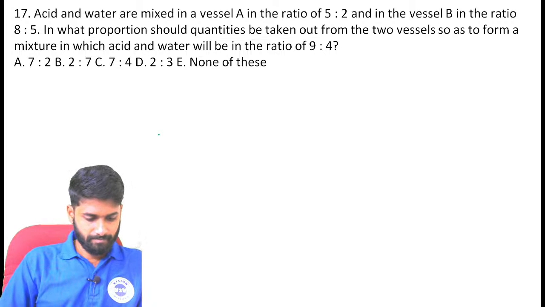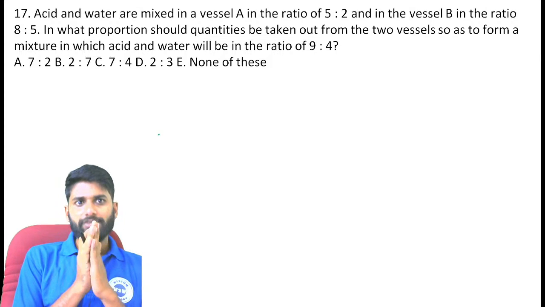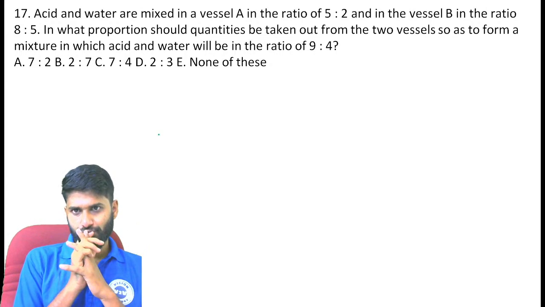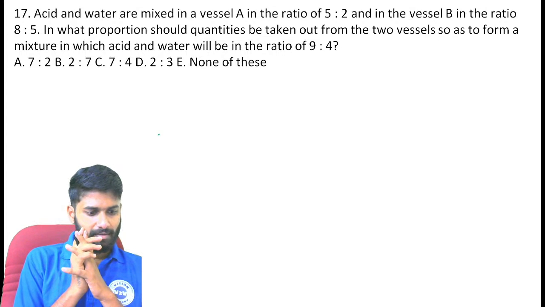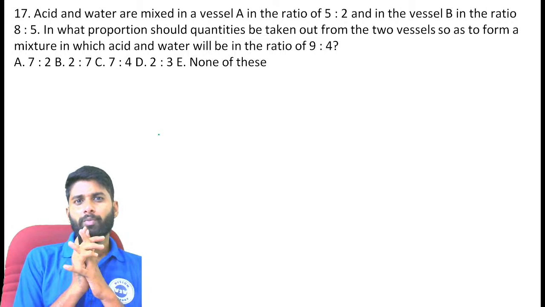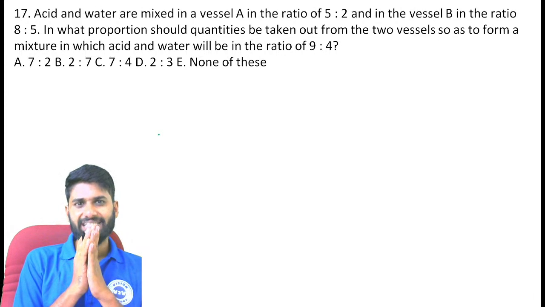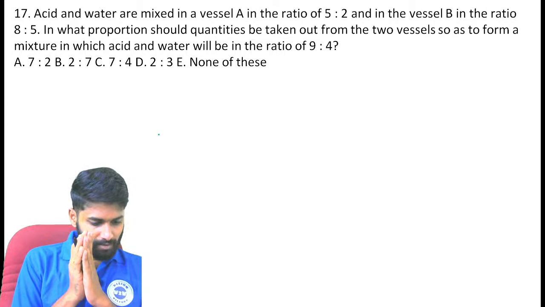Next, see. Acid and water are mixed in vessel A in the ratio of 5:2 and in another vessel in the ratio of 8:5. In what proportion should quantity be taken out from the two vessels so as to form a mixture in which acid and water will be in the ratio of 9:4? Clear?